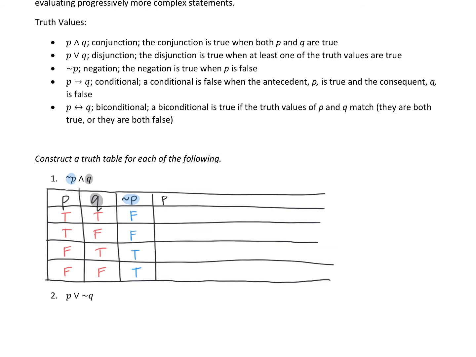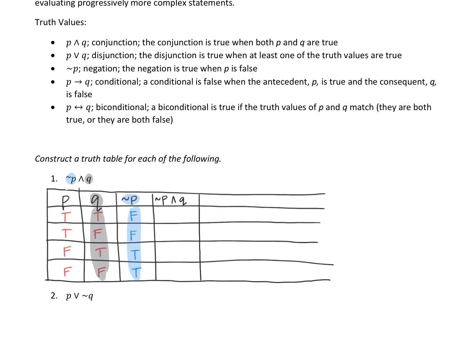So now what I want to do is make a column for not P and Q. I'm going to be looking at not P, this column, and Q, this column. At this point, I'm completely ignoring that first column P because that's not in my combined statement.